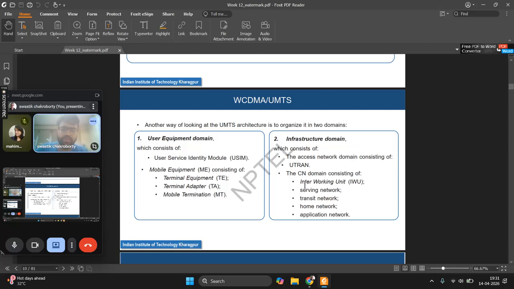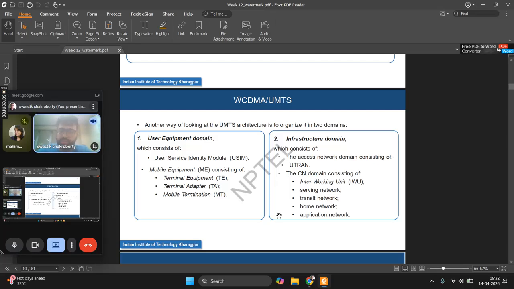whereas the infrastructure domain will consist of the CN interworking unit, serving network, transit network, home network, and application network. These are the parts of the core network and the UTRAN. UTRAN means the base station, and the base station is controlled by the controller. So base station, then RNC, RNS, these all make up the UTRAN. UTRAN is basically the base station architecture, and the backhaul is the core network.